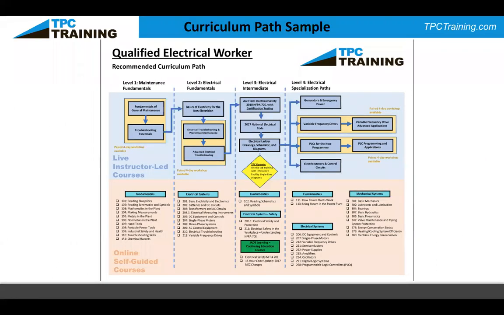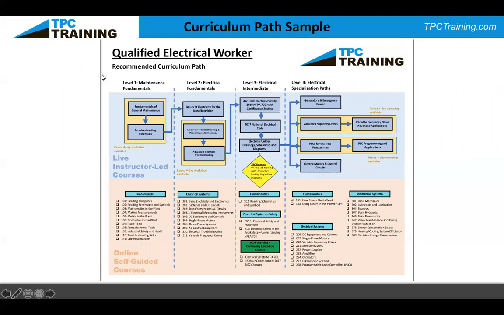So here's an example of that curriculum path, right? So this is, again, on a job-by-job basis or a role-by-role basis. So here's an example of a qualified electrical worker's curriculum path within your facility. So let's say you want to get someone to be considered qualified as a qualified electrical worker.